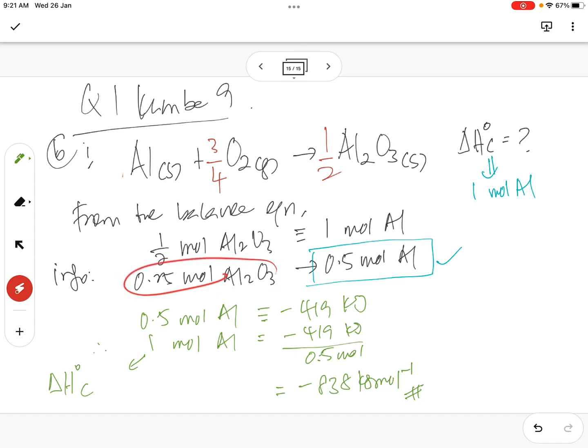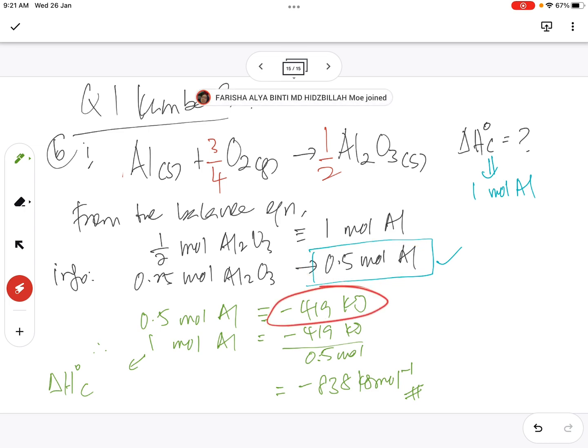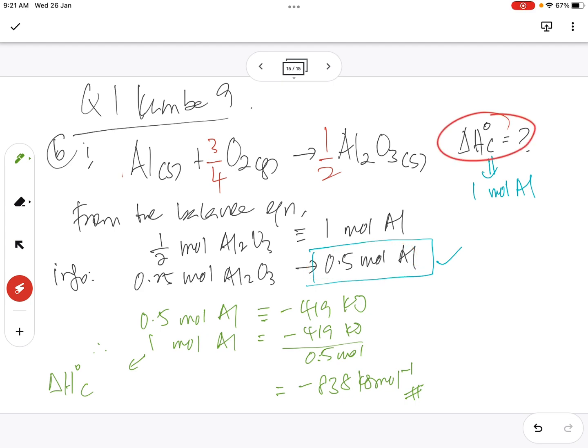So 0.25 mole, which comes from the question, release 419 kilojoules. Or 0.5 mole of aluminium also releases 419. They mean the same thing: either 0.25 mole of aluminium oxide is produced with 419 kilojoules of heat, or 0.5 mole of aluminium reacts to produce 419 kilojoules of heat. But standard enthalpy of combustion must be for 1 mole, so we calculate for 1 mole and get minus 838 kilojoules per mole.